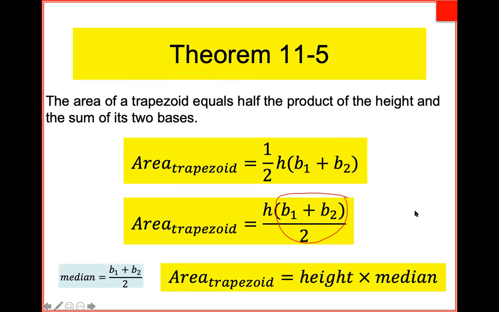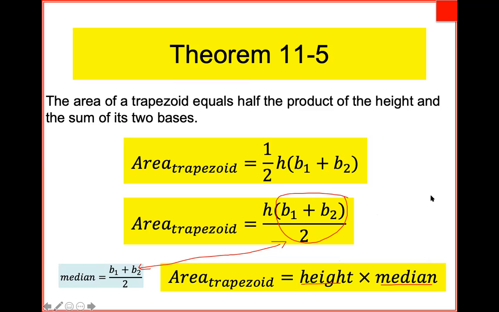So I want you to add this: the area of the trapezoid can also be written as the height times the median. Why? Well, look what I circled in red. That is by definition what the median is. So instead of writing this big, long, complicated thing, we can simply write height times median.